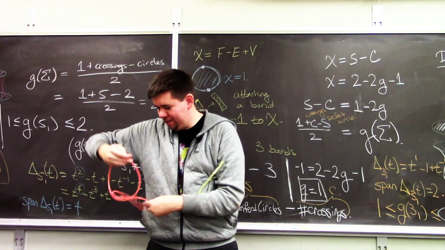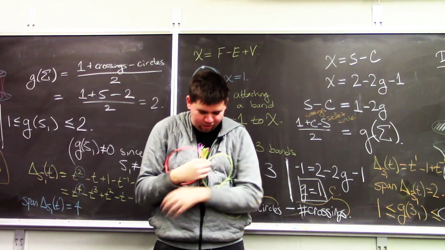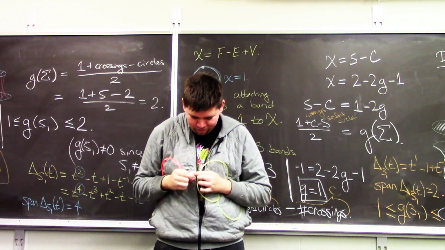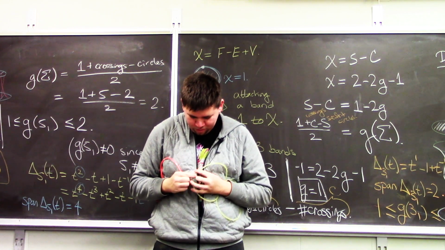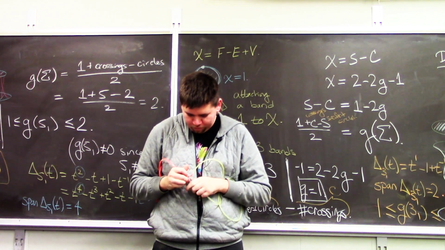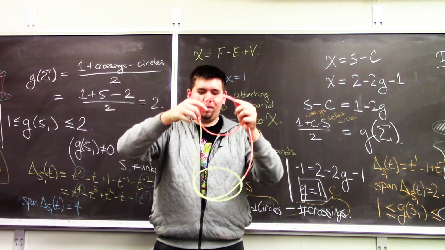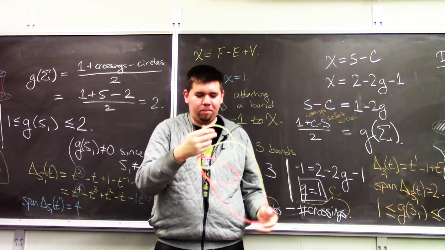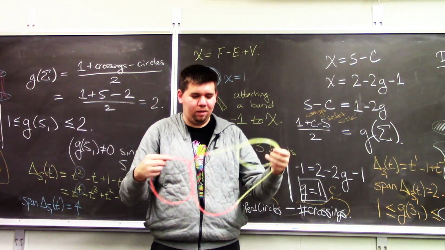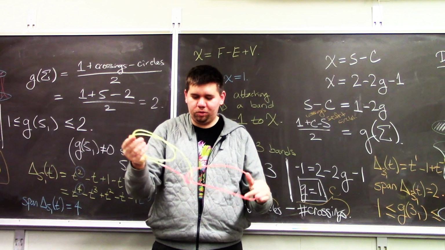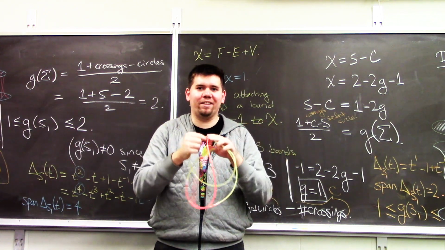When you combine these knots, you'd get, well, let's see. I'm combining this knot with this knot. Am I going to get something that's not knotted? Well, it looks pretty knotted, and you can try and play around with it. But it still seems pretty knotted.